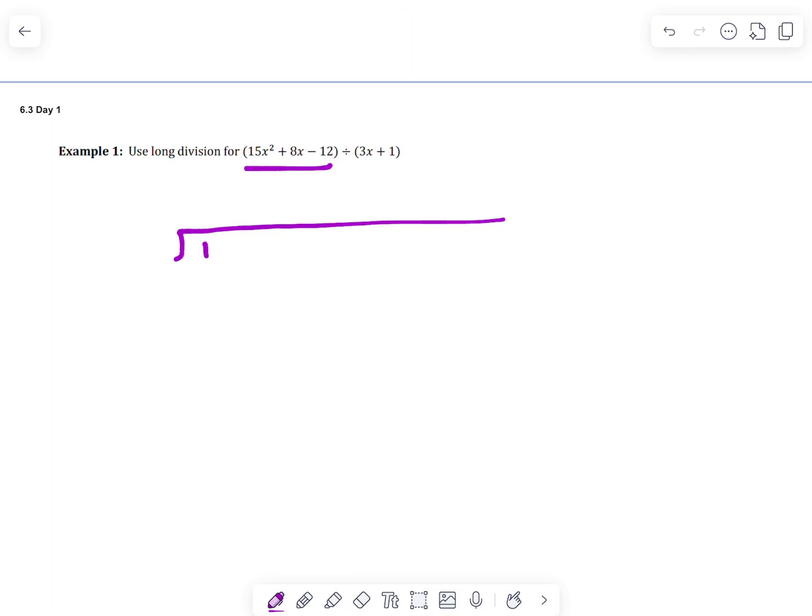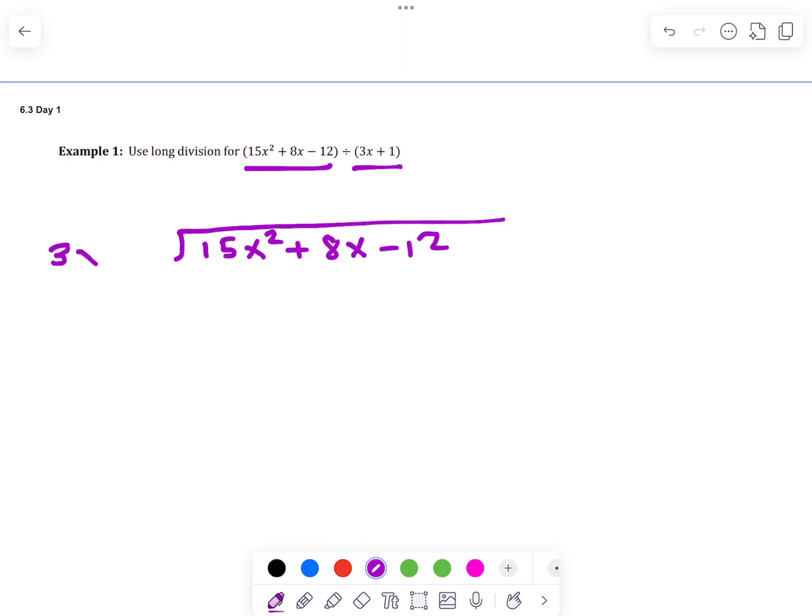So that's going to go as 15x squared plus 8x minus 12. That is our dividend. What we're dividing by is 3x plus 1. That is our divisor. And now we're ready to start division.